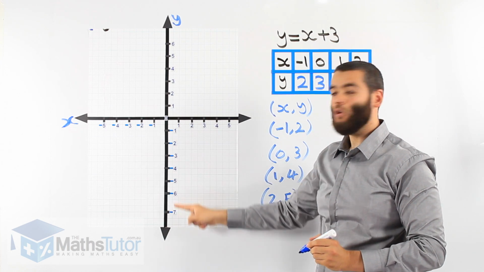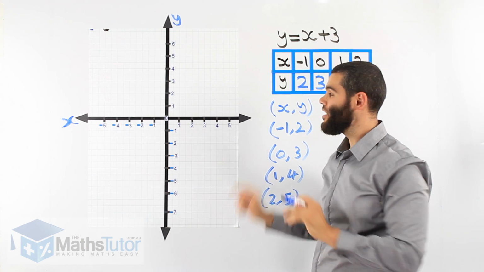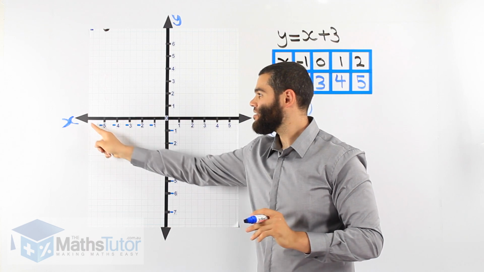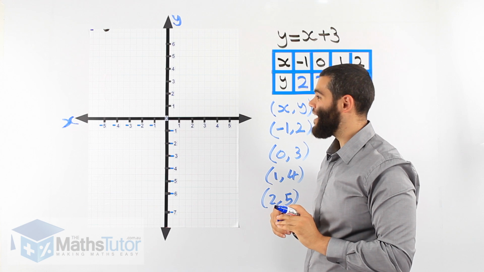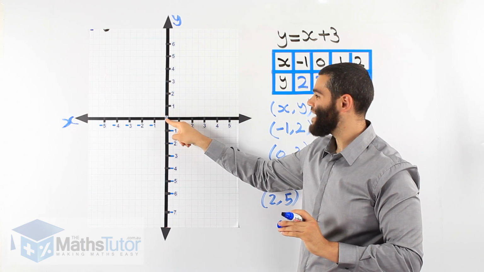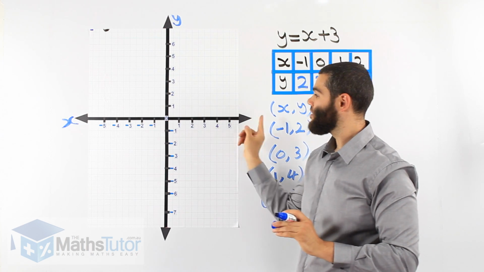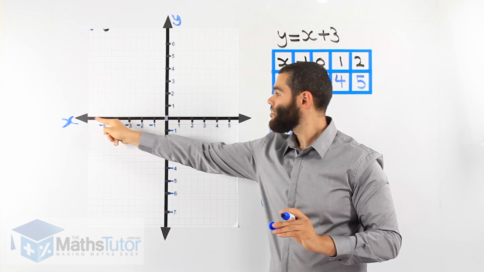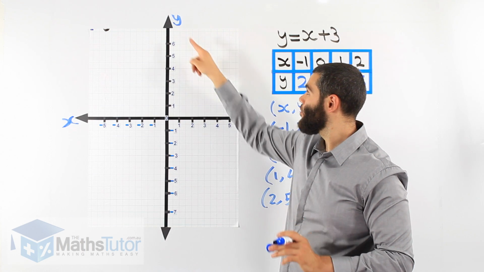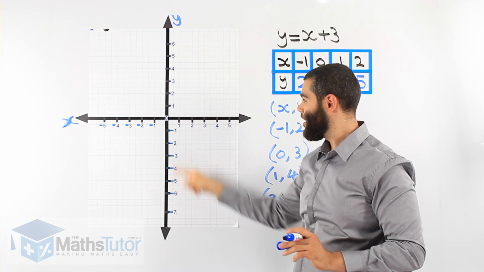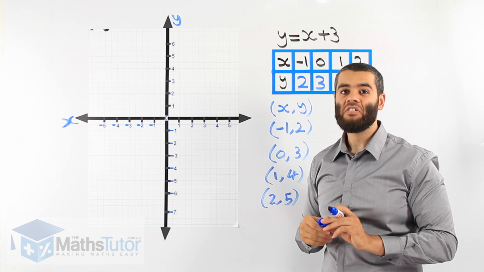The y-axis is always the vertical one, very important, and the x-axis is the horizontal one. Both meet at 0, 0, the 0 from the x number line and the 0 from the y number line. They meet right in the center.